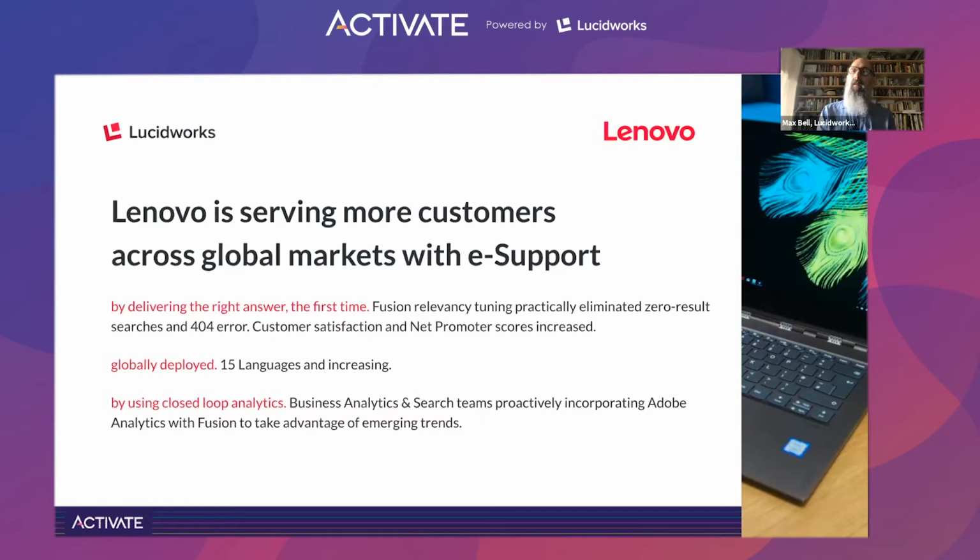And if there's a zero result search, we find alternate search strategies that we can automatically deploy. So you can see we mentioned these closed loop analytics where business users can learn from the zero result searches, but they can also learn from their peers that are telling them, I like this result better, I'm going to click this. And then that result bubbles to the top of the search results.